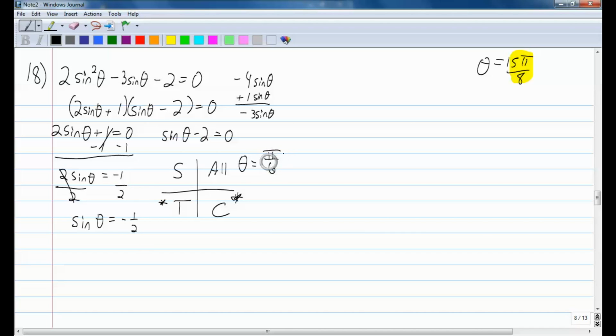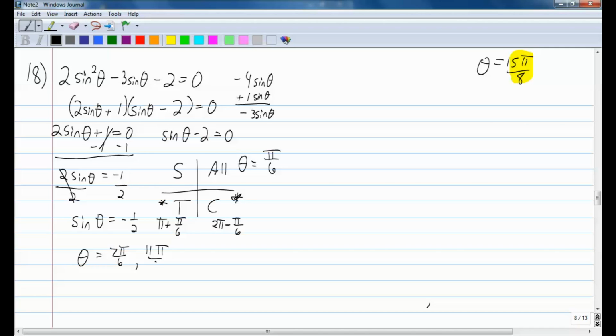I need the reference angle so that I can find its multiple in the third and fourth quadrants. In the third quadrant, I say pi plus pi over 6, and that'll be 7 pi over 6. In the fourth quadrant, it's 2 pi minus the reference angle. So we'll have 2 pi minus pi over 6, and that's going to be 11 pi over 6.